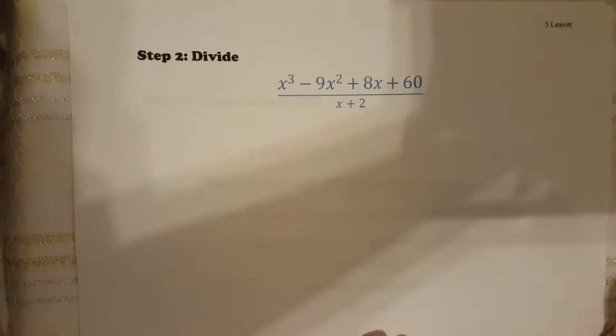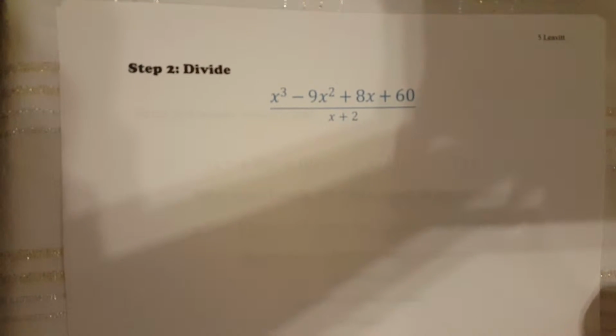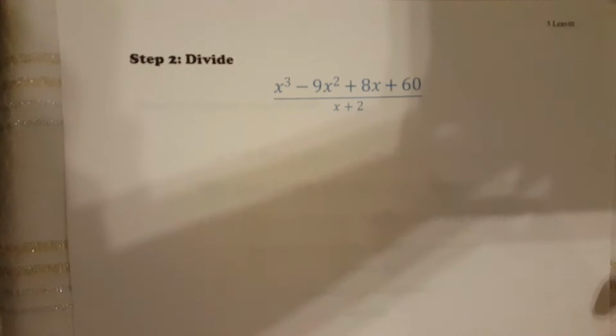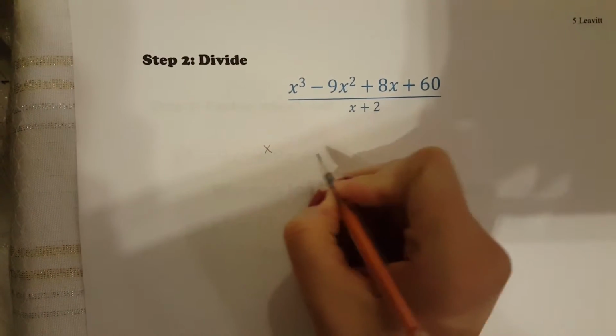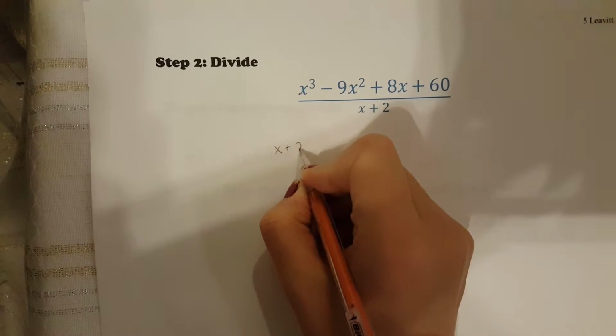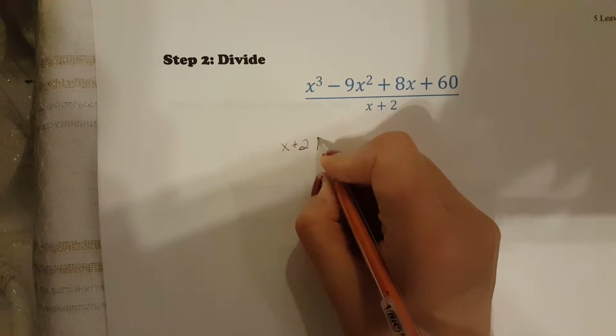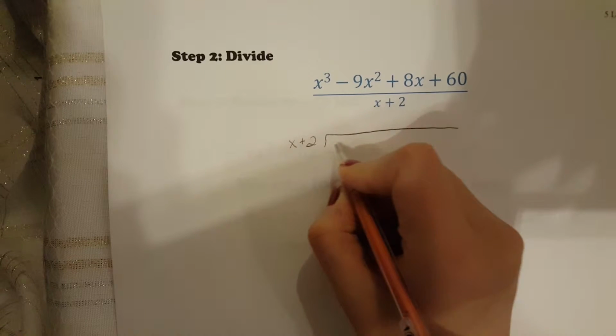So now we're going to do step 2, which is dividing. And dividing polynomial functions is a little different. So we're just going to write out the problem first. Easiest part.